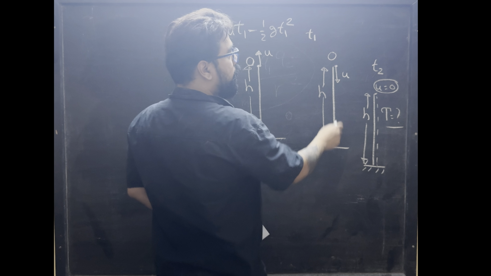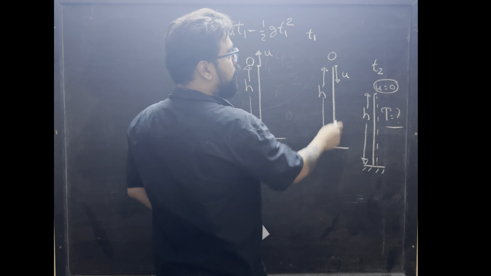Gravity is again vertically downward, so it is minus half g t2 square. So this is equation 2. You can cancel the minus sign and you get h equal to u t2 plus half g t2 square, negative sign taken out from both LHS and RHS. So this is equation 1, this is equation 2.